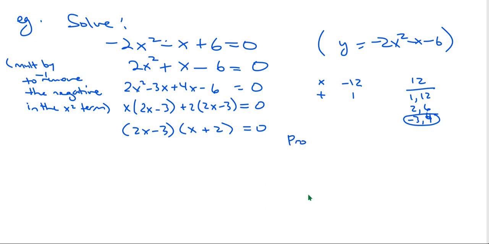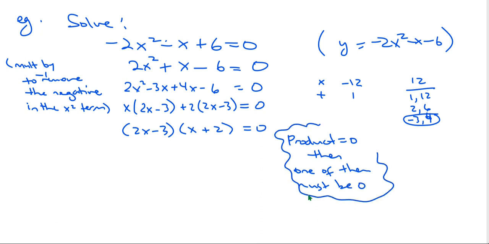So if the product is 0, then one of them must be 0. That's the only way to get a 0 product, okay, is if one of the things you're multiplying is 0. So from here, I have two options. Either the first one is a 0, or the second one is a 0.